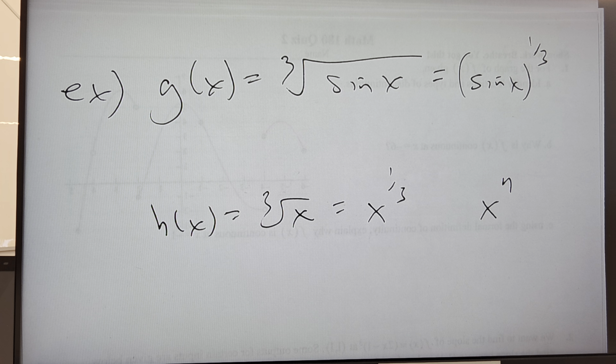But is the inside just x? No, it's sine of x. I don't have a rule for that. So when the inside function is more than just x, it's going to be more complicated. We don't know how to do it yet.